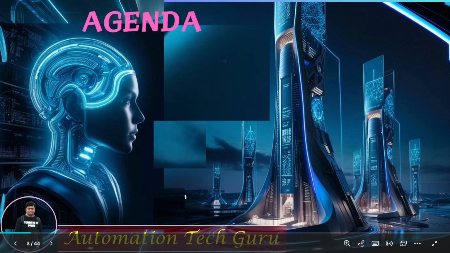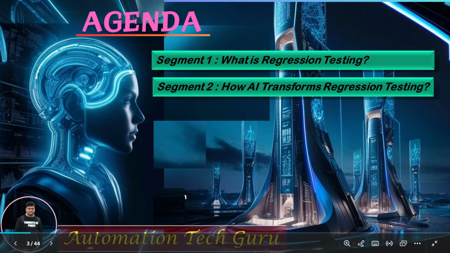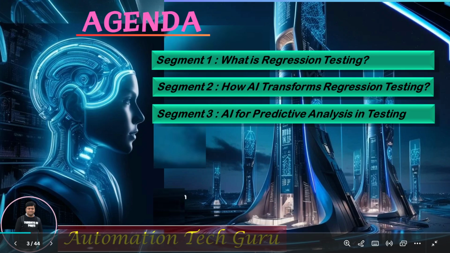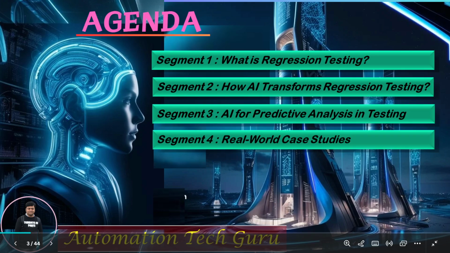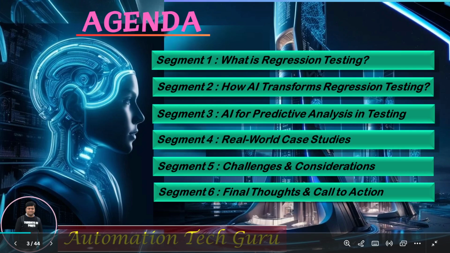The agenda for today's episode is: segment 1, what is regression testing; segment 2, how AI transforms regression testing; segment 3, AI for predictive analysis and testing; segment 4, real world case studies; segment 5, challenges and considerations; and finally, the final thoughts and close.